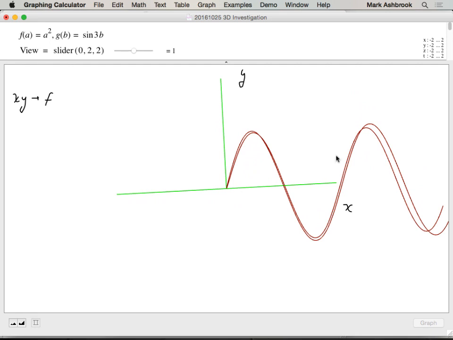So now what plane am I looking at? This is the y-axis, right? So now I'm looking at the YZ plane. And what do you see? Right, just g.